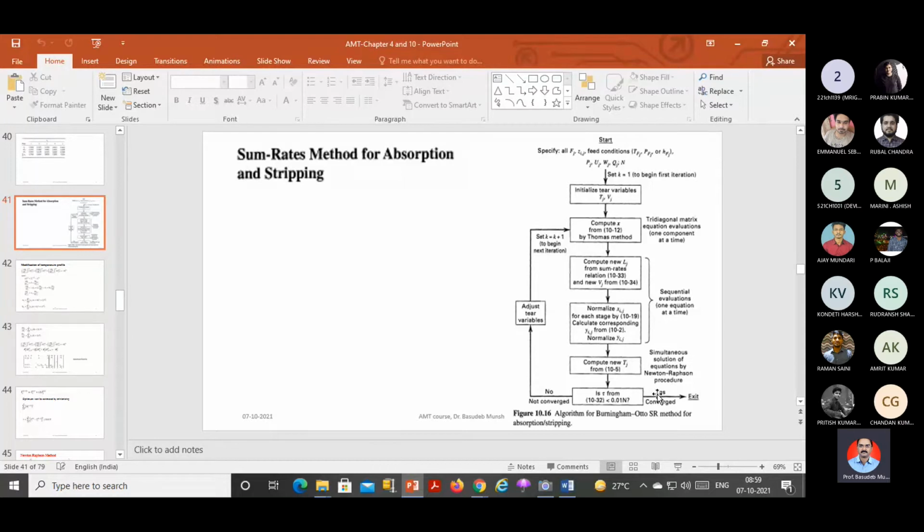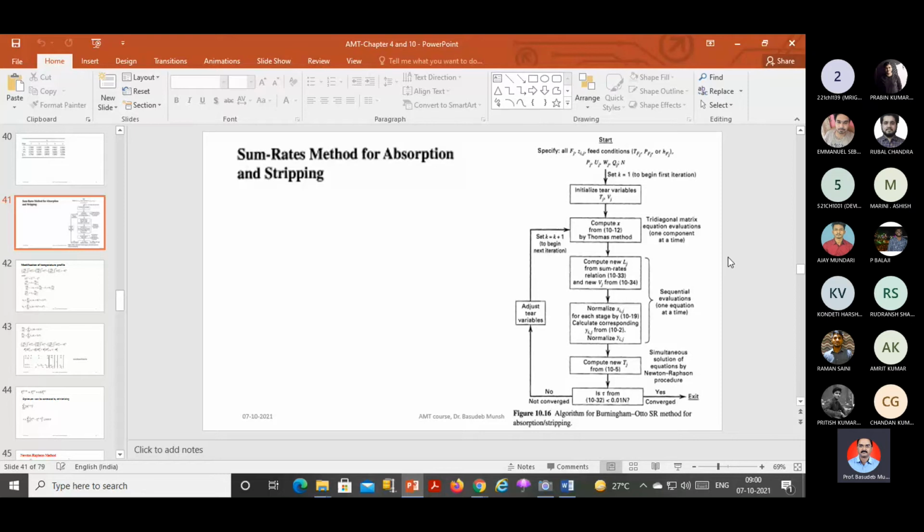Okay, so we can use the energy balance equation to find the modified temperature. Now in this case, all Qj are specified, so Q1 to Qn are all specified.